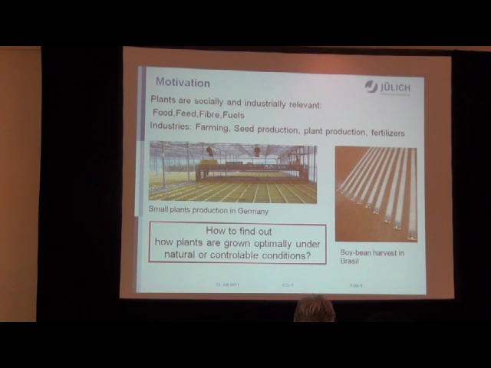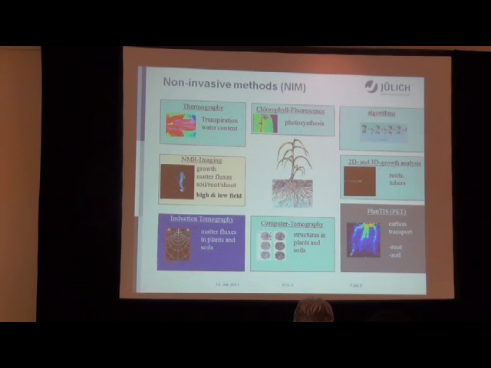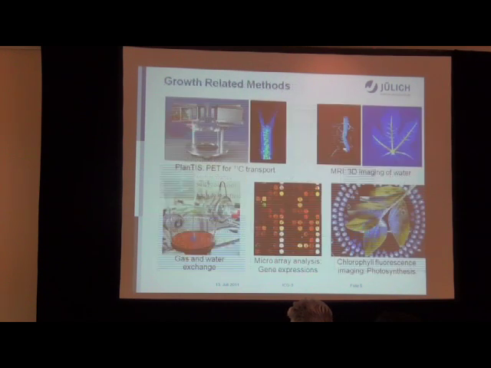And we are using imaging for this. So we have a large amount of imaging techniques going from thermography to NMR, computer tomography, optical image processing, computer vision techniques. And the scope is to look into the plant in its natural environment, not disturbing the plant, and trying to find out how it works and how growth, for example, could be optimized.